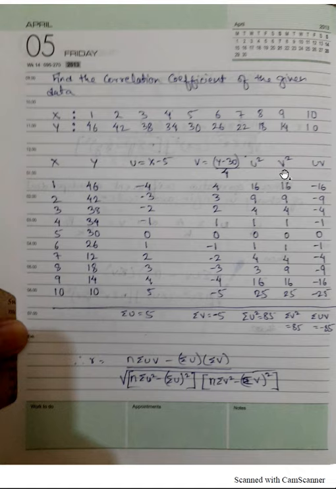And v square, we take a square of this: 4 square is 16, 3 square is 9, 2 square is 4, 1 square is 1, and so on. And finally uv, we multiply u with v. 4 into 4 is 16, minus 3 into 3 is minus 9, and so on.